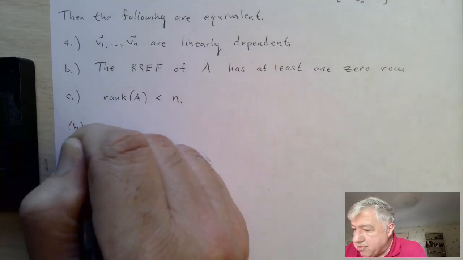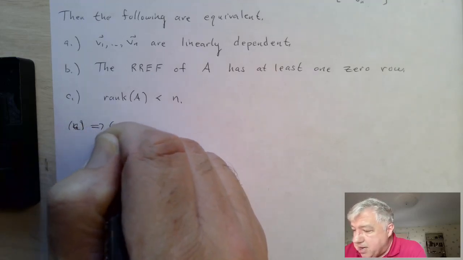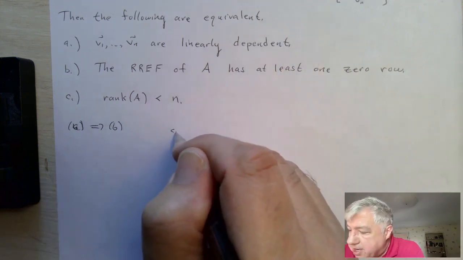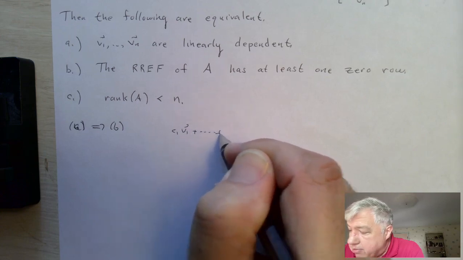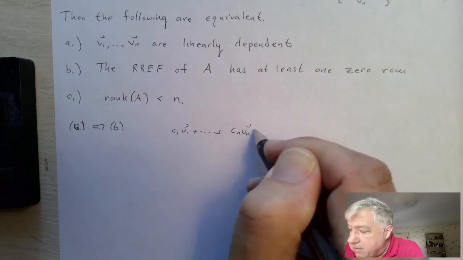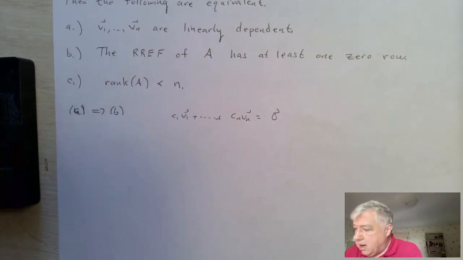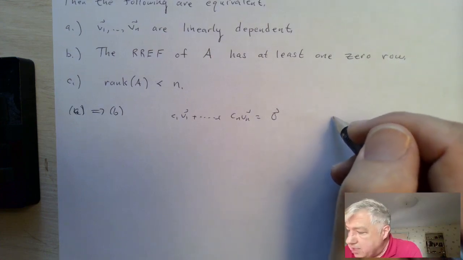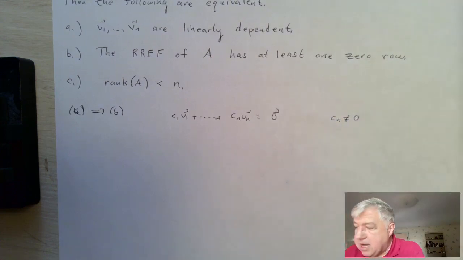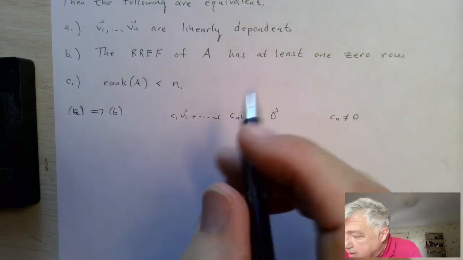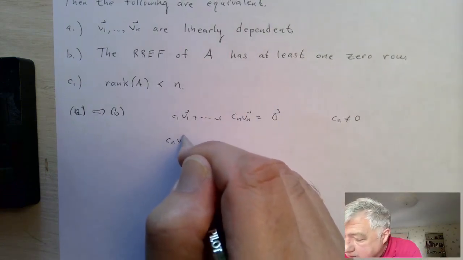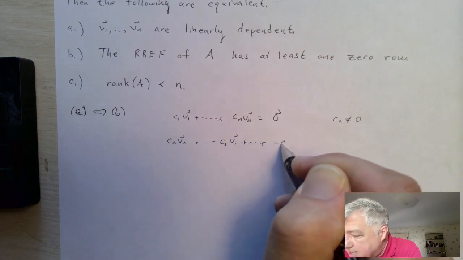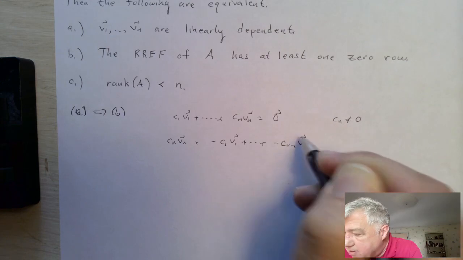Okay, to show that A implies B, if they're linearly dependent, then we can find constants such that C1 V1 through Cn Vn equals 0, where not all of the C's are going to be 0. So let's assume that Cn is not 0. Then Cn Vn can be written as minus C1 V1 plus dot dot dot plus minus Cn minus 1 Vn minus 1.